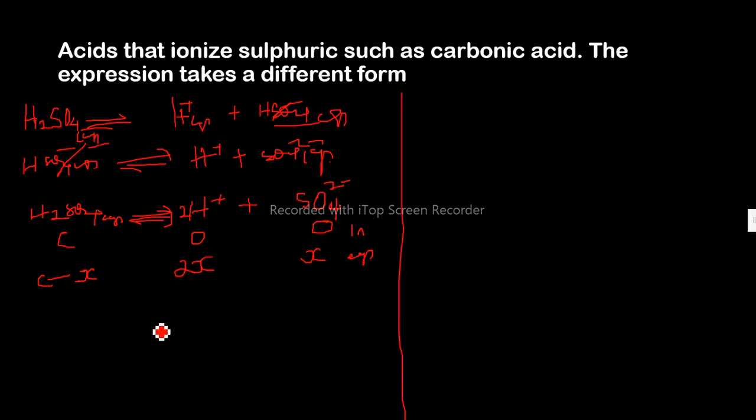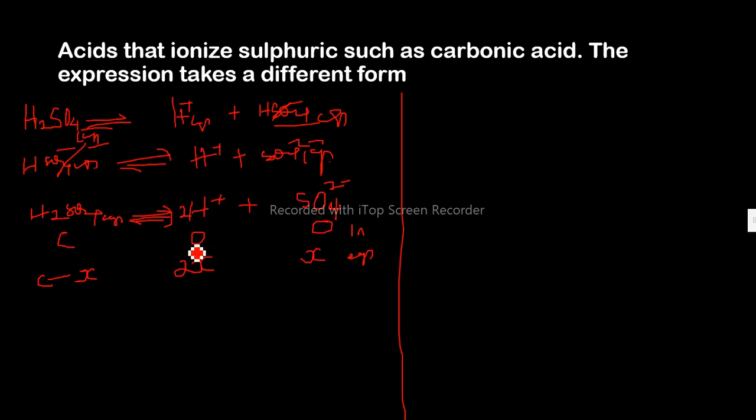And so when we substitute in our formula, we shall be able to determine the Ka, and then from Ka, we can deduce the degree of ionization.